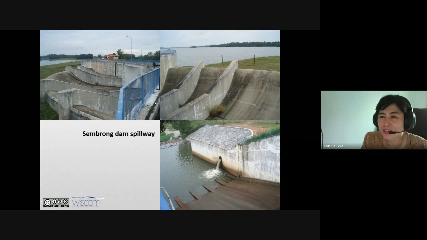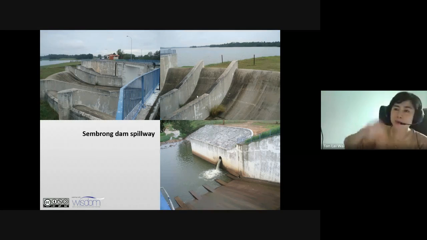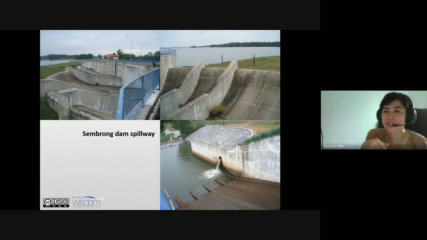And there's actually a gate as well, below this structure. You can allow water to go out from the dam, so you control the level in the dam, the storage. This is at the toe, coming out from the spillway. You have at the toe here the stilling basin. This is what we are going to design.